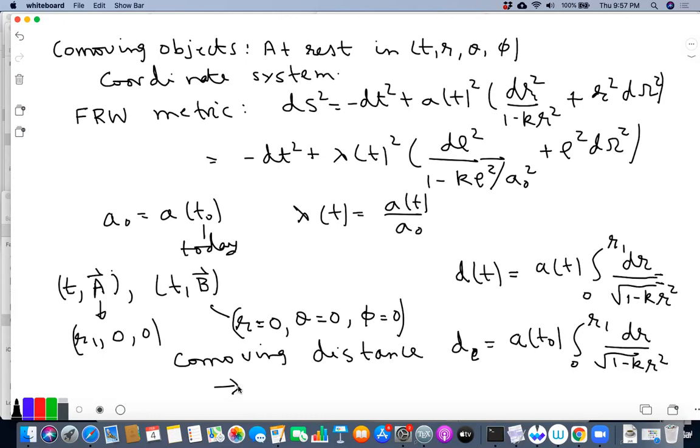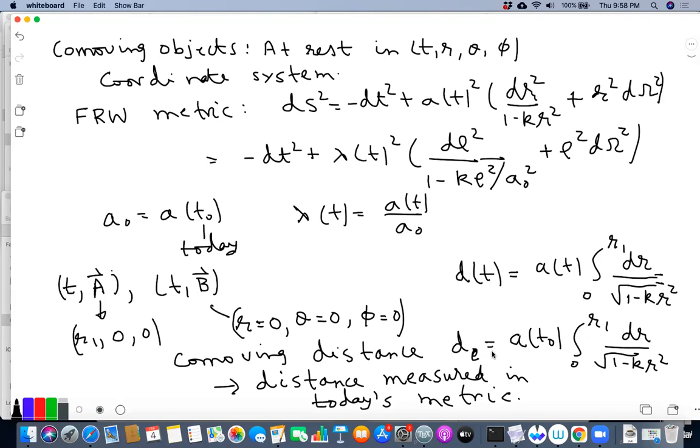So this is the distance measured in today's metric. And you can see that this remains fixed for two co-moving objects. The co-moving distance between the two objects remains fixed because we are measuring it with respect to the metric at time t naught. Okay, so this notion will be useful later.